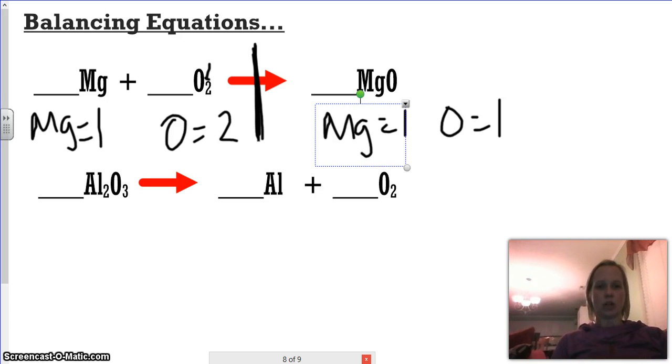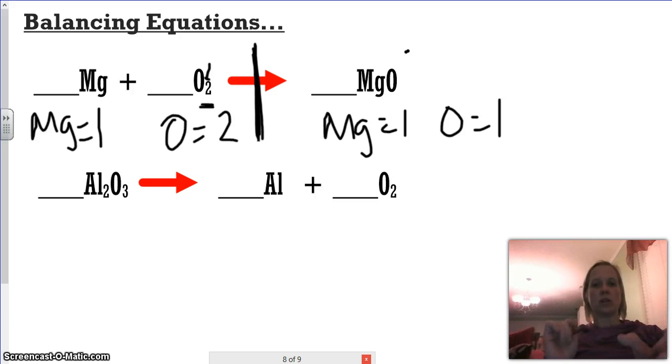We're going to use the coefficient, and it's going to be distributed throughout the entire either element or chemical formula. Okay, distributed meaning multiply. So I have 2 oxygens right here, and I only have 1 over here. Now, while I'm doing this, I'm ignoring Mg. I'm only going to focus on one element at a time. I'm going to look at O's.